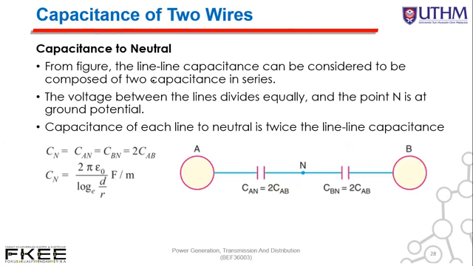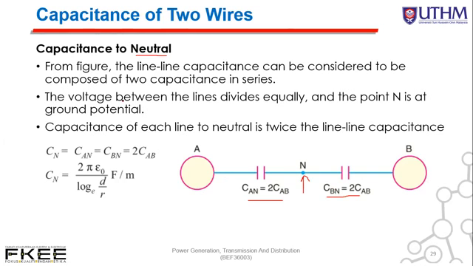In some cases, for the case of two wires, there is a conductor connected to the neutral point. This is the example of the two conductors A and B connected to the neutral point here. For the figure, the line to line capacitance can be considered to be composed of two capacitors in series. We have CAN between conductor A and neutral, and CBN, the capacitance between B and neutral.